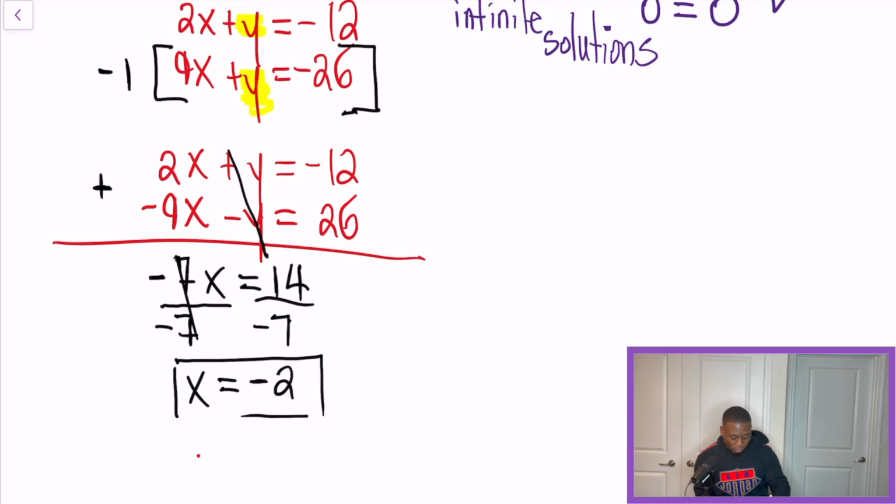So now we have 2 times x plus negative 2, right? Because, oh, I'm sorry. All right, so hold on, guys. I made a quick mistake. I solved for x. Now we're trying to solve for y. So a little mistake. So let's go back. We have 2 times negative 2 plus y is equal to negative 12.